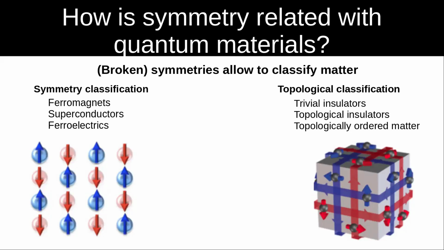They are called topological insulators. So the basic idea is that you may have materials that have exactly the same broken symmetries, and yet their properties are dramatically different due to them belonging to different topological classifications.